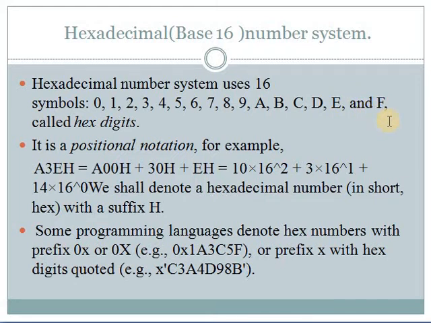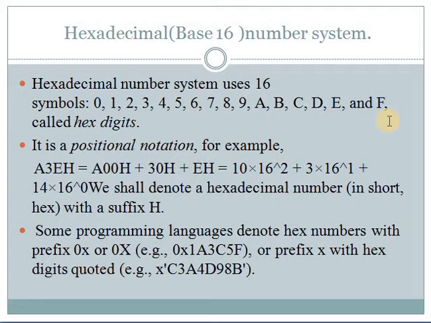These are called hexa digits. So 0 to 7, that is 8 digits, is called octal. 0 to 9 is called decimal. Zeros and ones are called the binary number system. From 0 to F, that is 0 to 15, are called hexa digits.